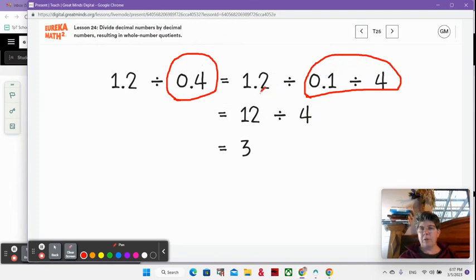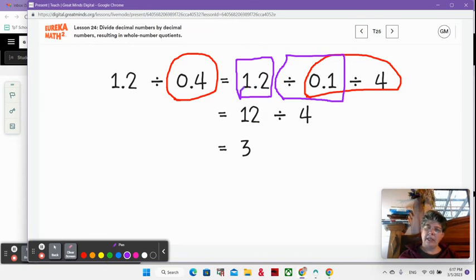Okay, so then you take, let me get another color here. You get your 1 2/10 and you divide it by 1/10. And remember, when you're dividing by 1/10, all you need to do is move your numbers one time. So now we have 12. So 1 2/10 divided by 1/10 equals 12.